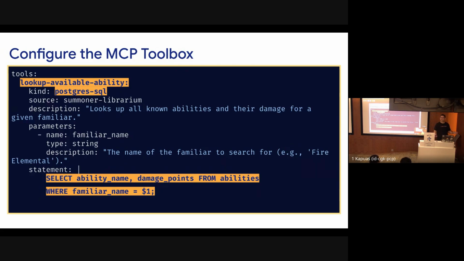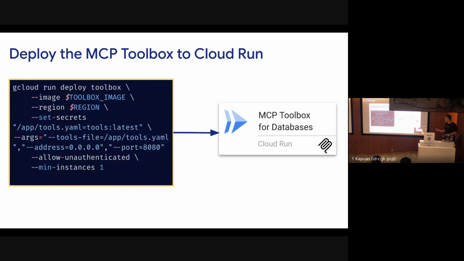All of that complexity is going to be handled by the toolbox, and then we can go and deploy it. In this particular case, we're using gcloud run deploy again, the gcloud CLI. But by declaring this YAML file and then running this command, it'll package up your code, build an MCP server in a container image, and deploy it to Cloud Run.